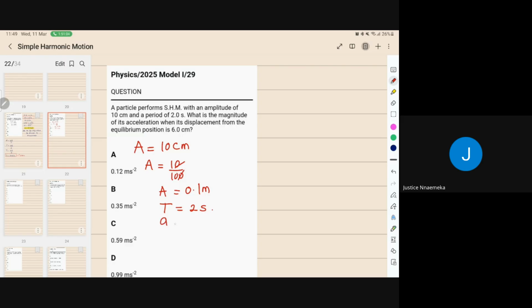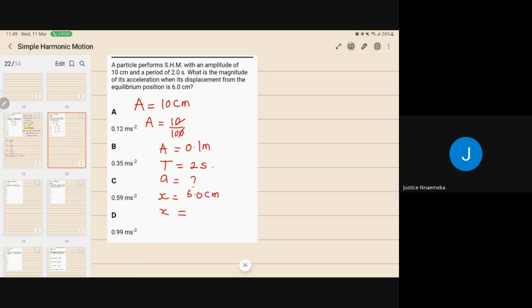So acceleration, we do not know. When its displacement from the equilibrium position is 6.0 centimeter, it means that X is equal to what? 6.0 centimeter. So I'm going to divide that by 100, right? So 6 divided by 100.